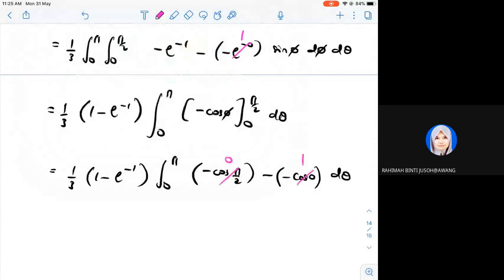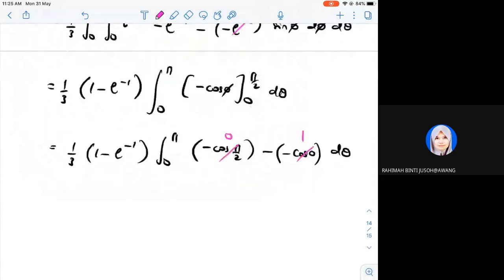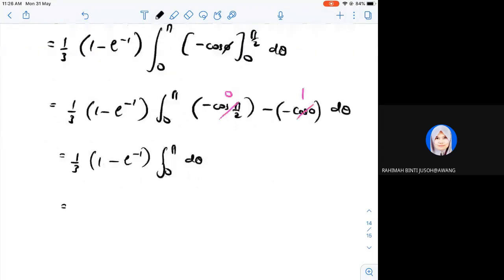So we get 1. It has no effect. So next we proceed to integrate with theta. So we just have pi. Multiply with pi, like that. Done. Okay, so that's the answer.